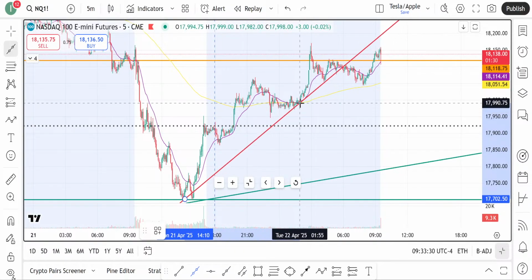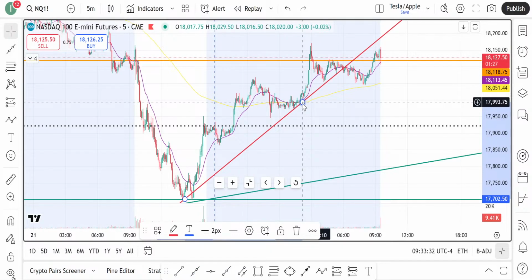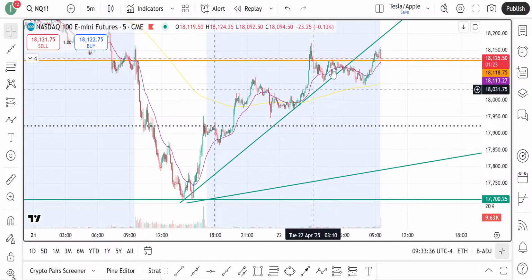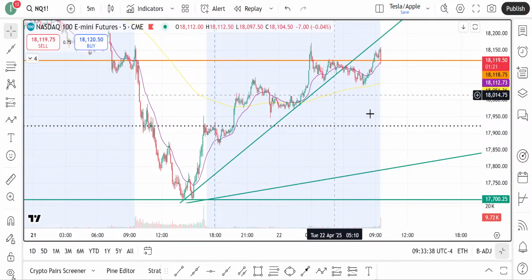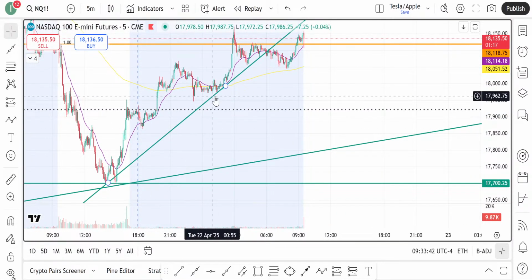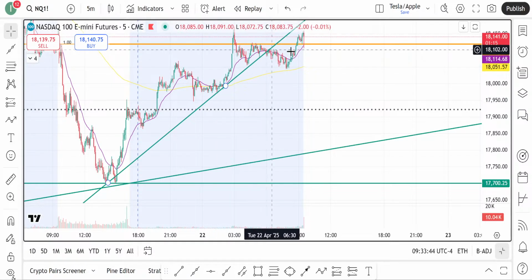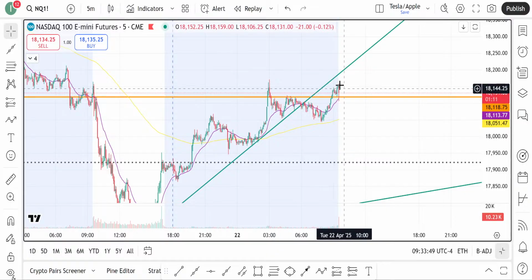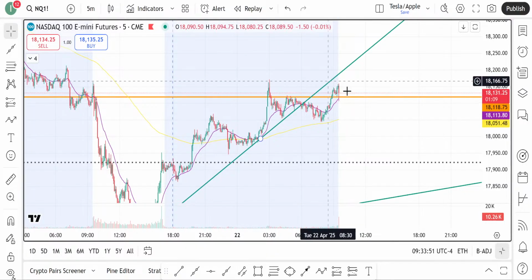You know, there was a support right here. Right, so we broke support, touched here, touched here, touched here, and then broke. So I am definitely not looking to buy up here.